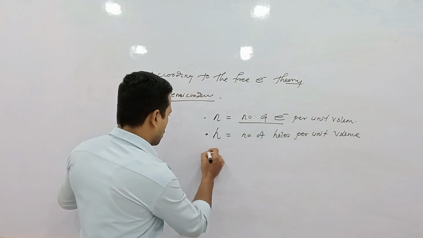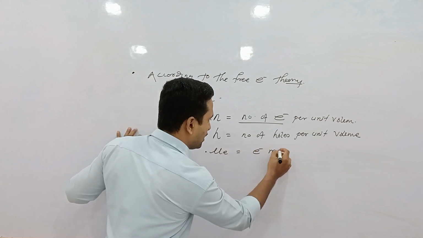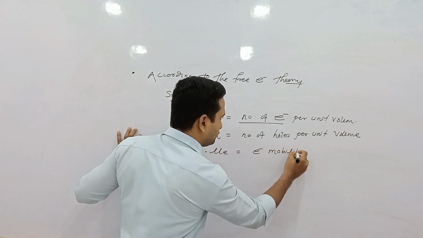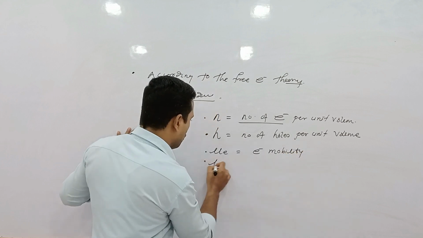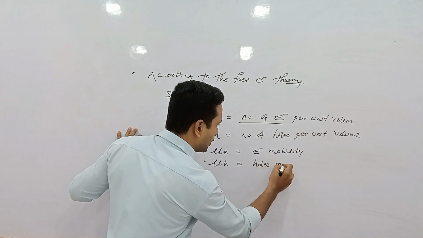Okay. Mu e, electron mobility. Mu h, hole mobility.